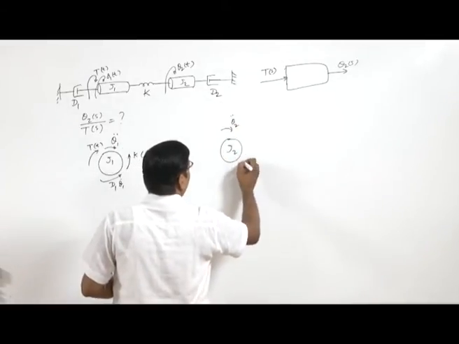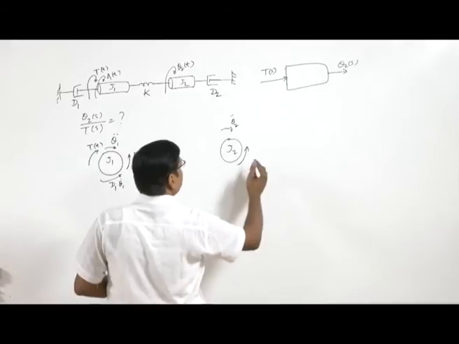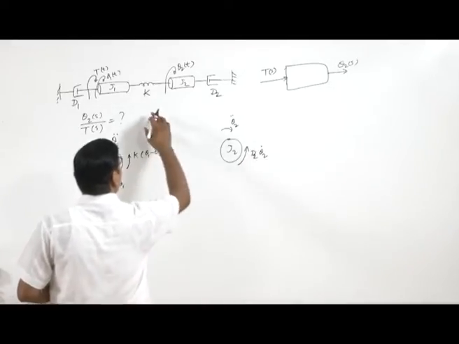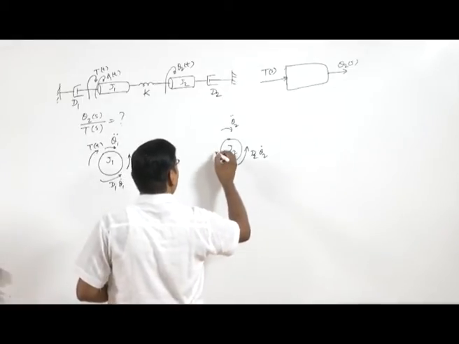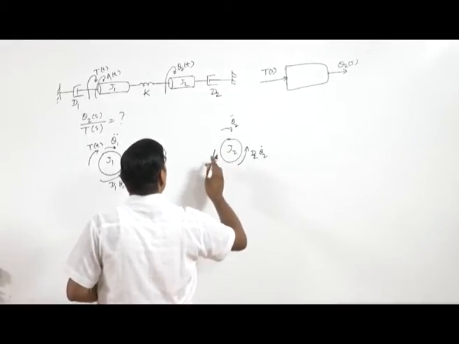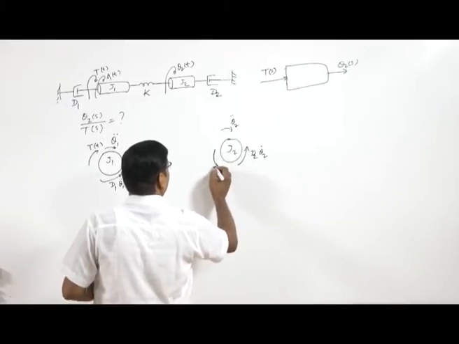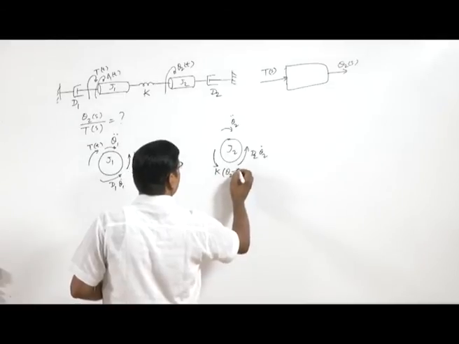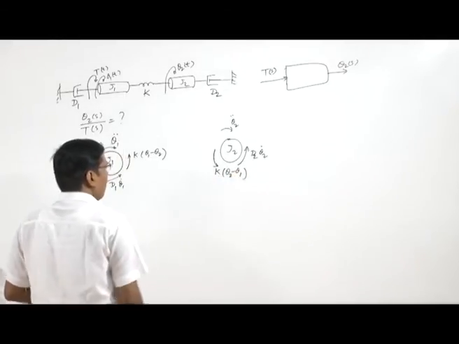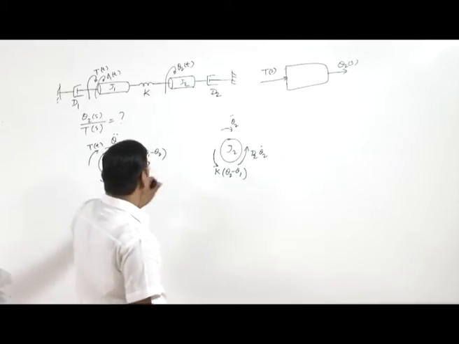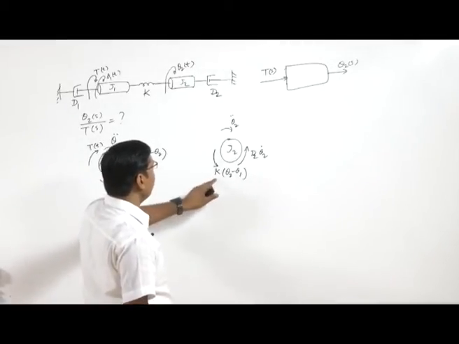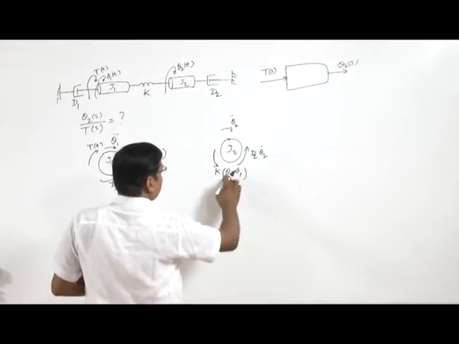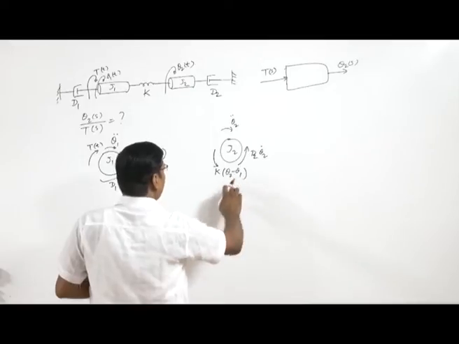This damper will apply a force in the opposite direction, so d2 into theta 2 dot, and this spring will have the force, we can say k times theta 2 minus theta 1, or if we take the same direction, we can write k theta 1 minus theta 2. But here we are applying the opposite, so k theta 2 minus theta 1.